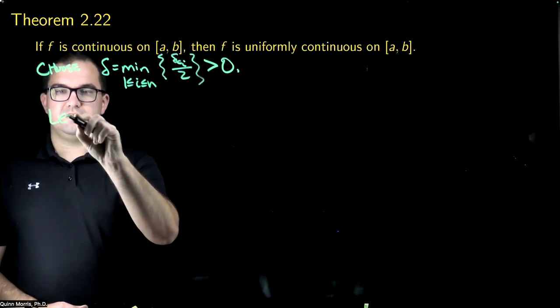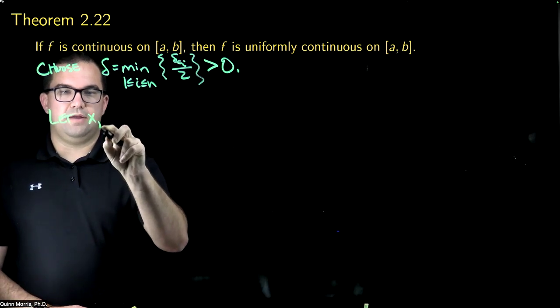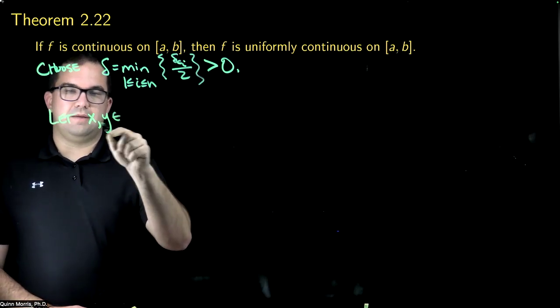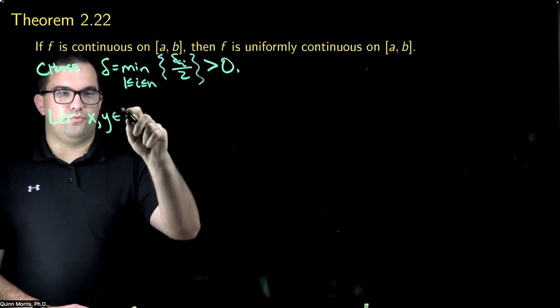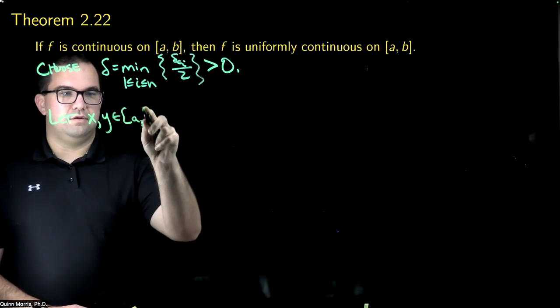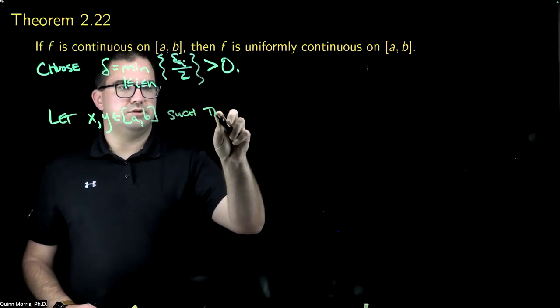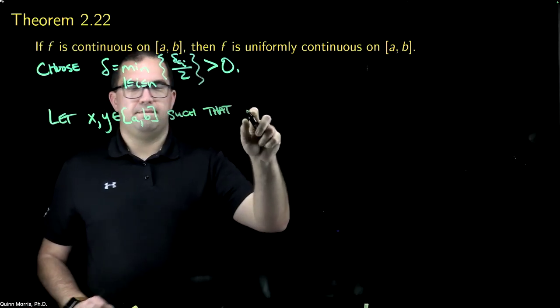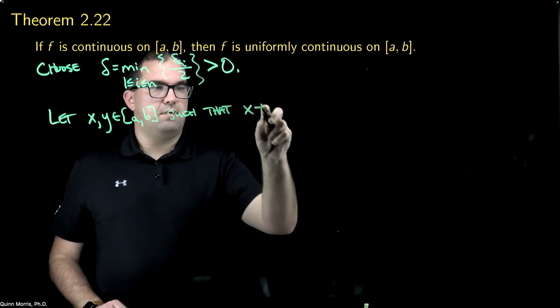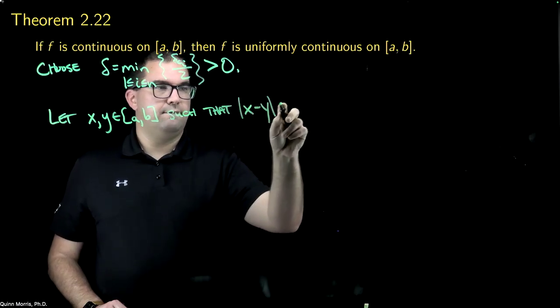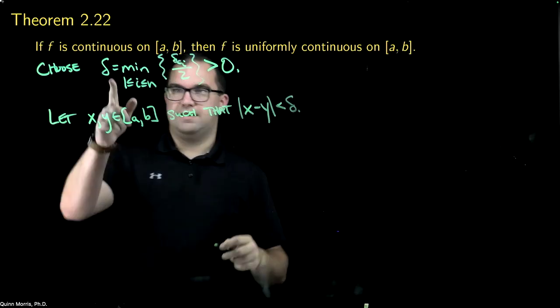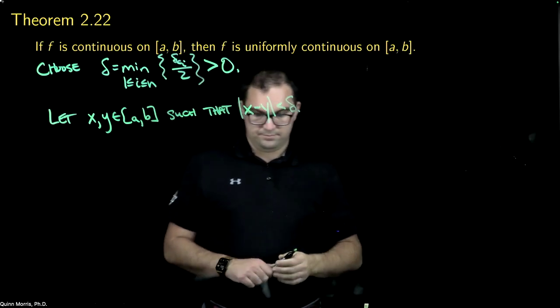So let's take x and y. This was like my x1 and x2, but I'm going to call them x and y now. Let x and y be in AB such that the absolute value of x minus y is less than my delta, which I've defined up here.